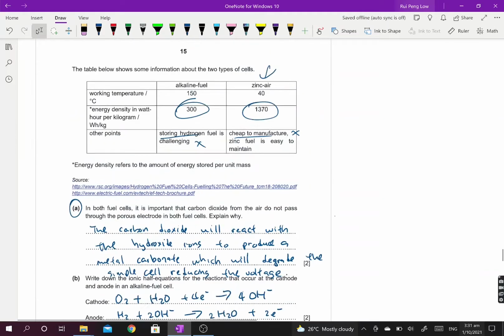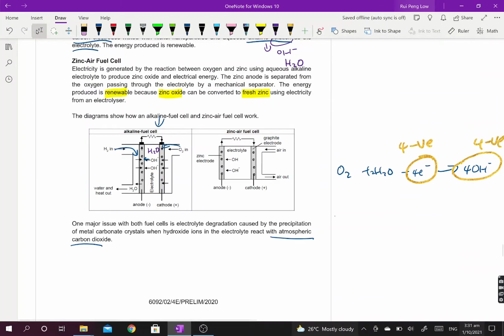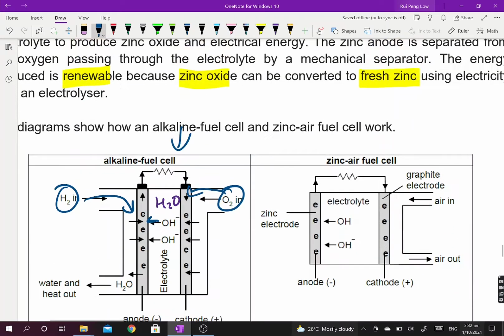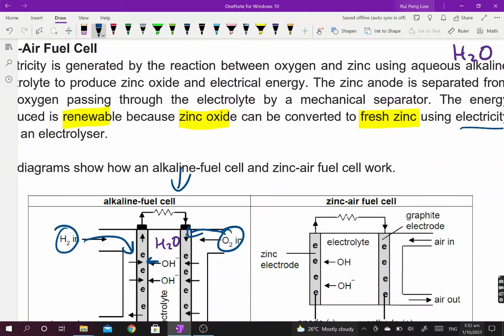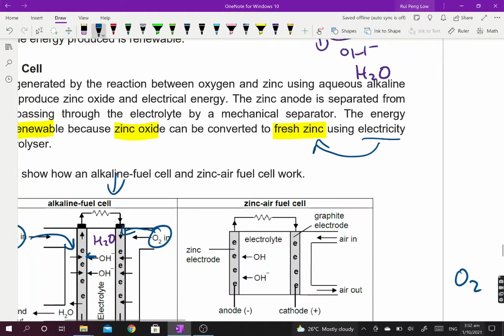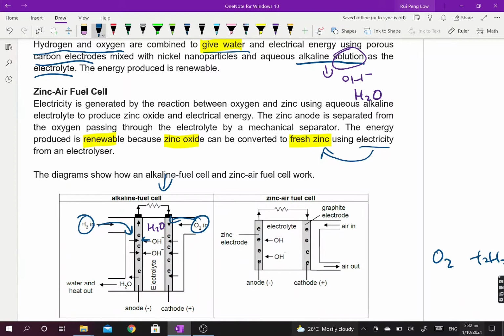We need to consider how we are going to produce oxygen, how we are going to produce hydrogen, and likewise how we are going to produce the electricity to get back my zinc from the zinc oxide. So what they are trying to say here is that it is renewable because my zinc oxide can be converted into zinc using electricity.